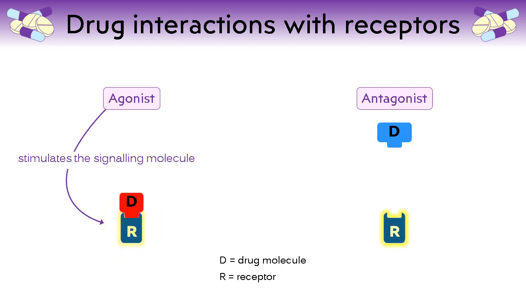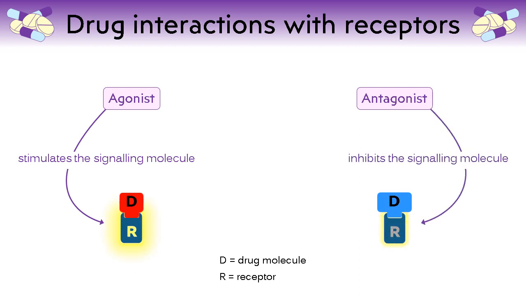In contrast, when an antagonist binds to its receptor, it inhibits stimulation of the signalling pathways, thereby preventing the receptor protein from having its usual effect. Drug molecules that interact specifically and selectively with receptors are generally known as ligands.